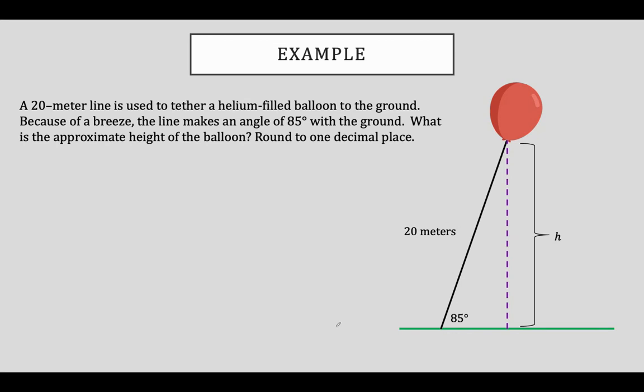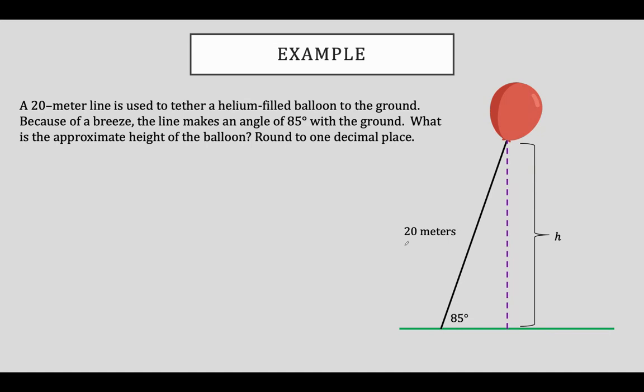trying to find. So, looking at this right triangle, we have this angle, and with respect to the given angle of 85 degrees, we are trying to work with our opposite side and our hypotenuse. Opposite and hypotenuse.